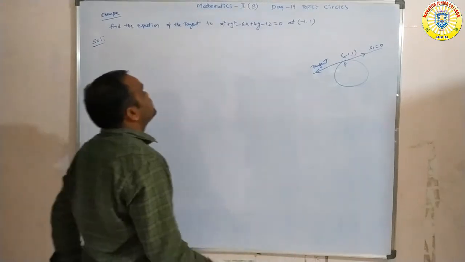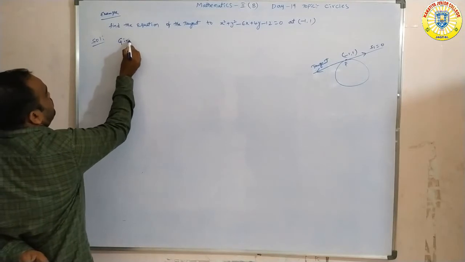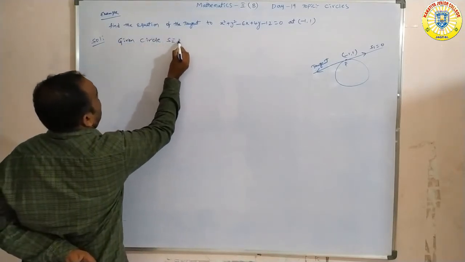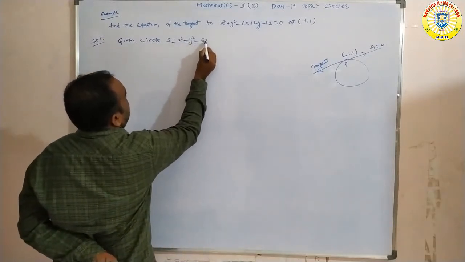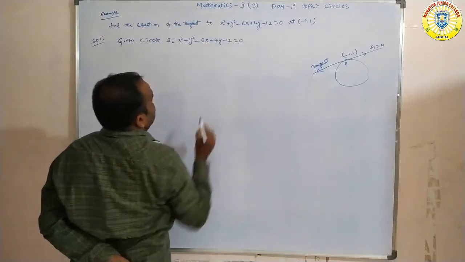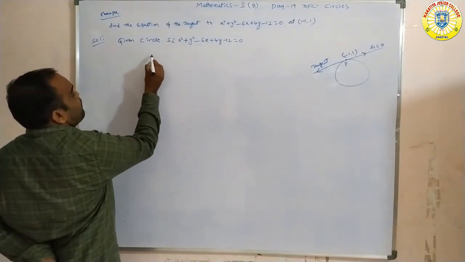Okay, now see. First we are writing the given circle. What is the given circle? S is equal to x square plus y square minus 6x plus 4y minus 12 equal to 0. See the equation of the circle. Here, what is the point, sir?